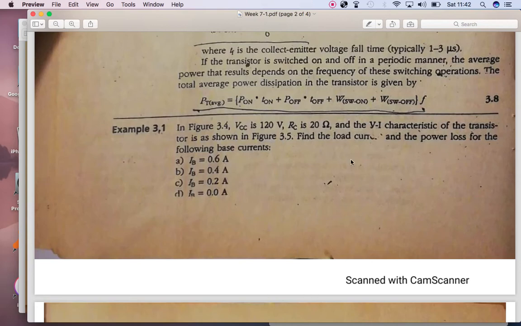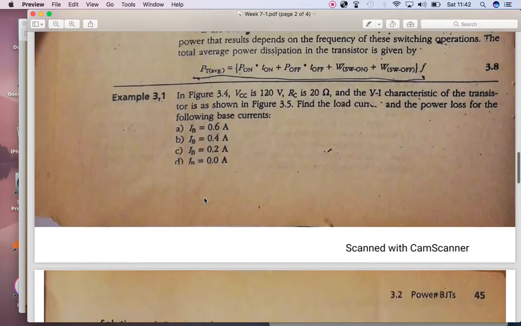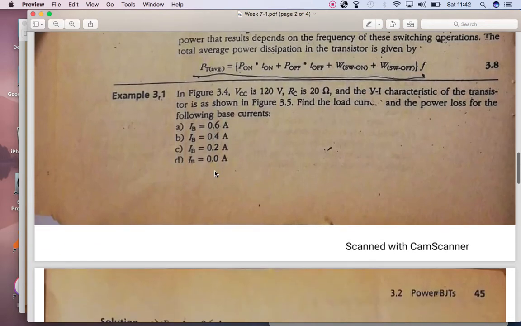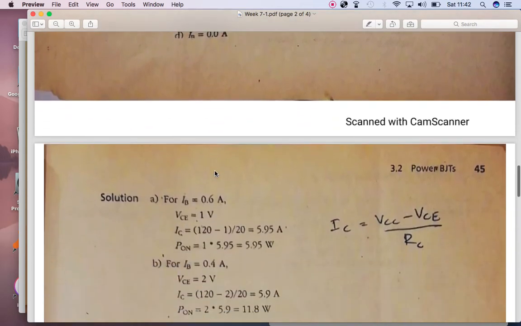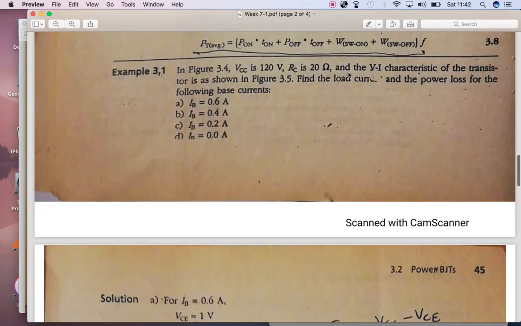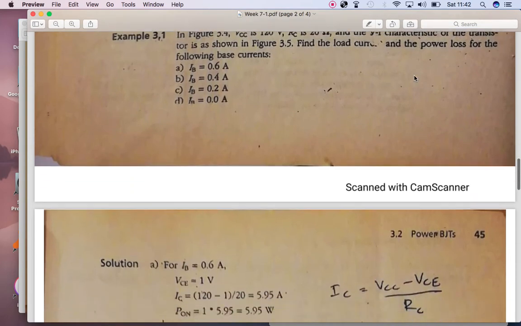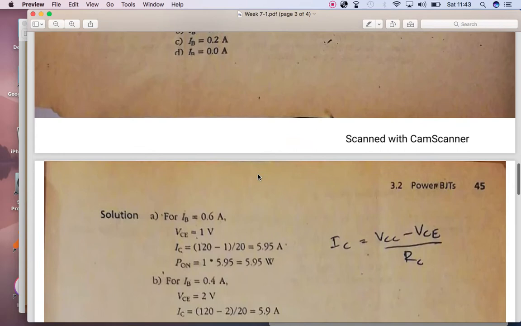we have to calculate the power loss for different base current values, and we are given the base current values over here. So what we will be doing is calculating the load current, which is the IC, and calculating the power losses for that. So we have two formulas.